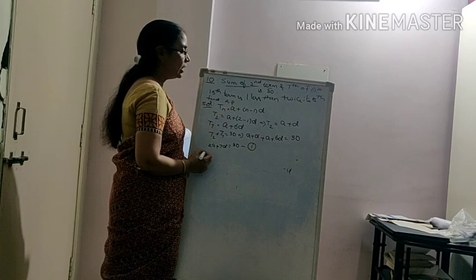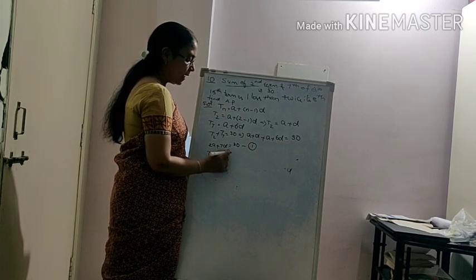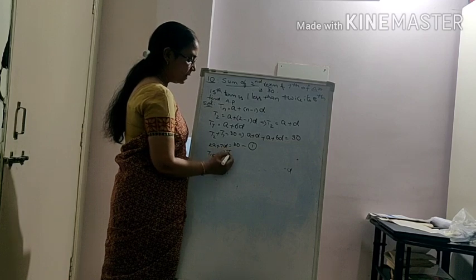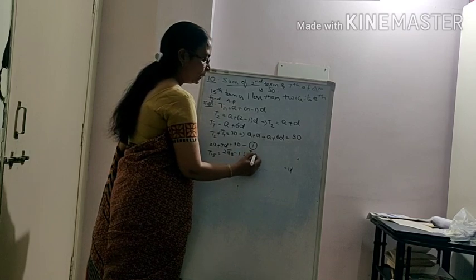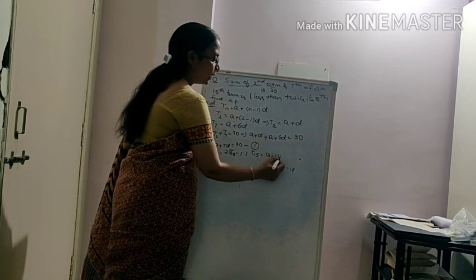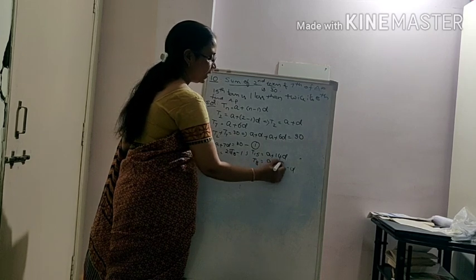The next condition is the 15th term is 1 less than twice its 8th term. So what can be the 15th term? A plus 14D, and the 8th term will be A plus 7D.